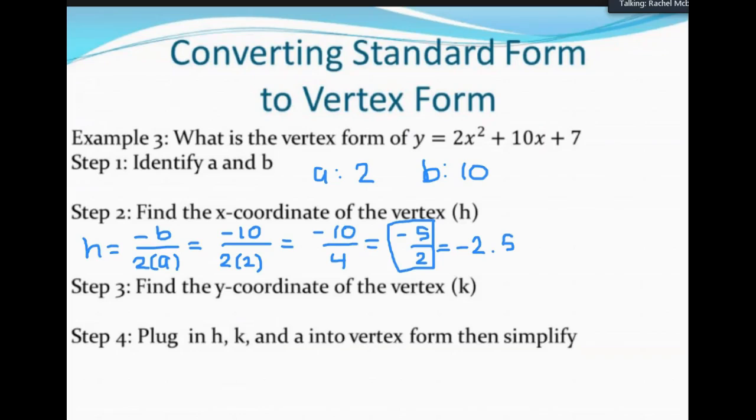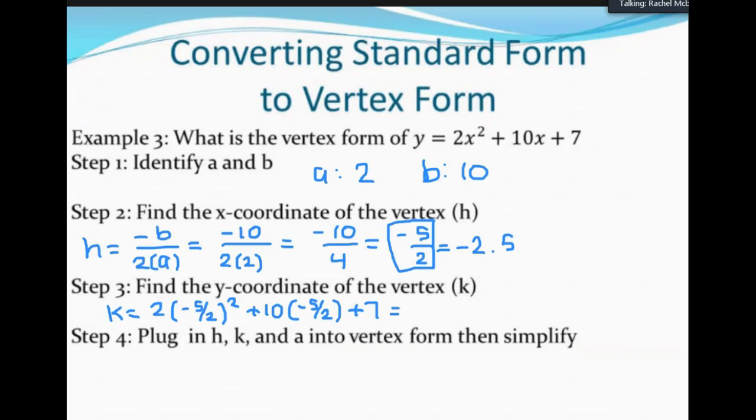The y-coordinate of the vertex, or my k value, comes from plugging my h value in. So that's 2 times negative 5 over 2 squared, plus 10 times negative 5 over 2, plus 7. So order of operations says you square before you multiply.